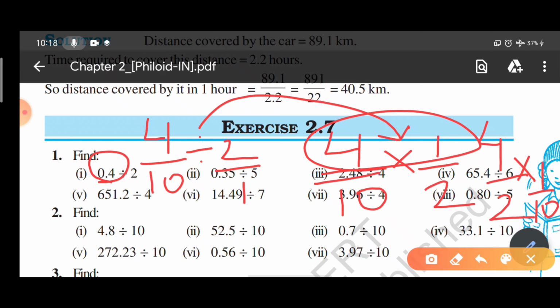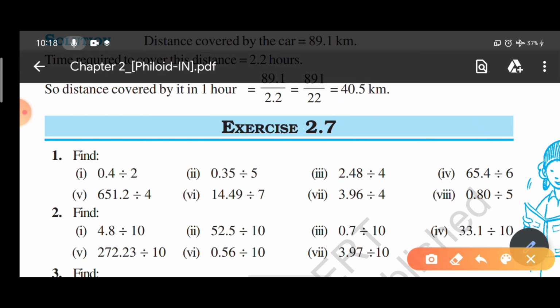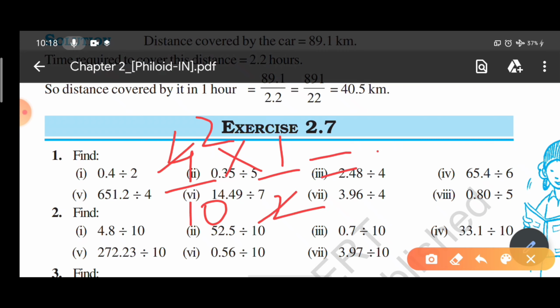If I'm simply writing it again, 2 2s are 4. It is now 2 by 10, that is 0.2 will be my value. Or again you can simply solve it like 4 by this, and it has become like this. So 2 2s are 4. 2 by 10 will provide you 0.2. So one 0 over here. So after the decimal point, one digit will be there, or after one digit you will apply the decimal.